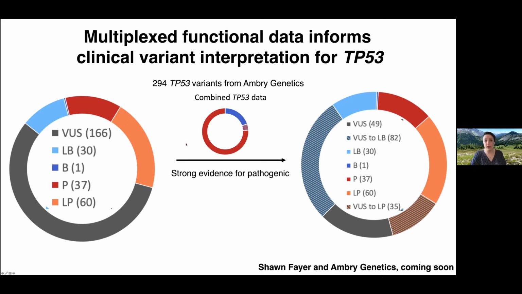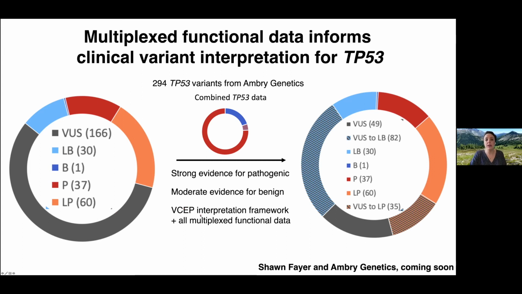Using strong evidence for pathogenicity, moderate evidence for benign, and the expert panel interpretation framework, with the exception that we're going to use all the multiplex functional data instead of the limited set that the expert panel allows, because the expert panel wrote the guidelines before some of this data was published, we show that we're able to reduce the number of VUS from 166 to 49, which is a 70% reduction in variants of uncertain significance.